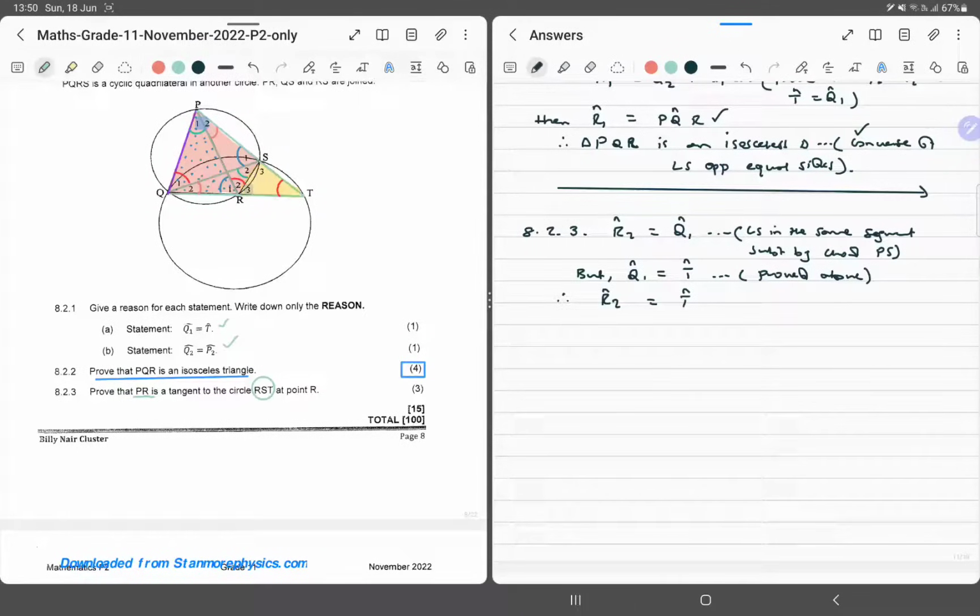If that is the case, we can say therefore PR is a tangent to circle through, okay, maybe let's write it as they wrote it, to circle RST. What is our reason? This is the converse of the tan-chord theorem.